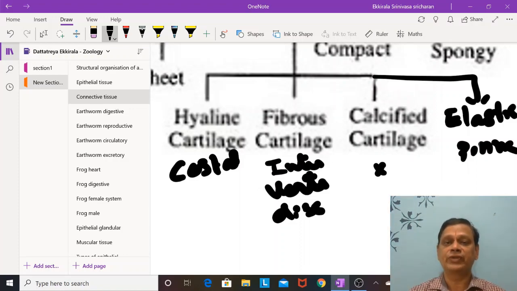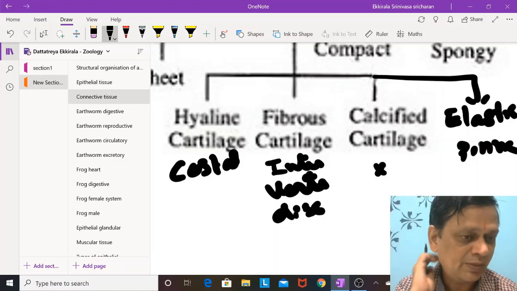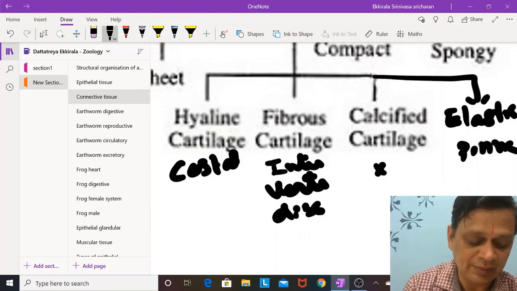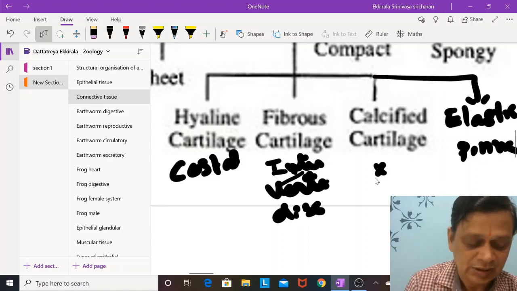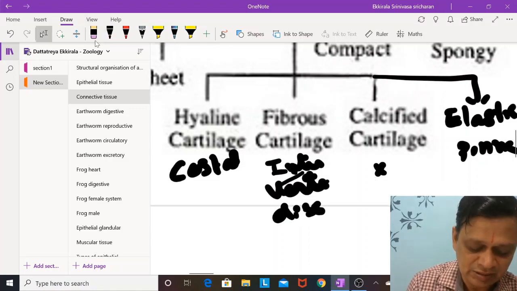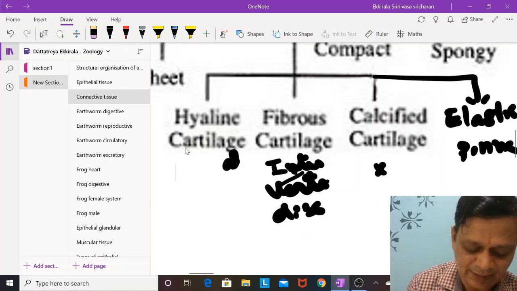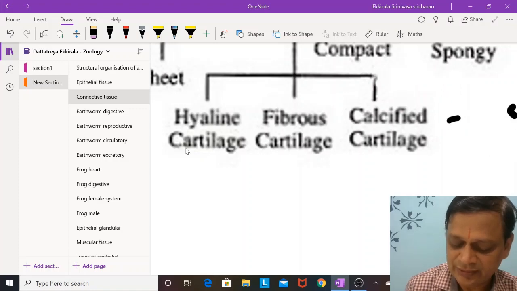It is a type of connective tissue proper. But here pinna is the external ear pinna, eustachian tube. These are all examples of elastic cartilage, right? So elastic cartilage can be seen in these places, right?